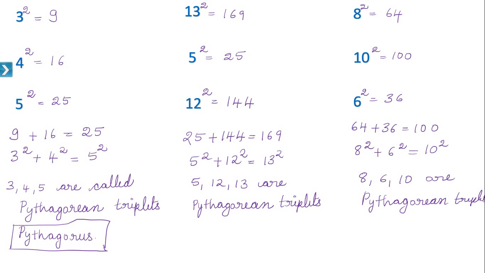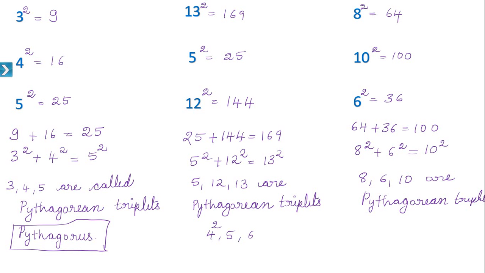Now, you understood what are Pythagorean triplets. Now, the sum of the squares of any two numbers is not always equal to the square of a third number. For example, take the numbers 4, 5, 6.